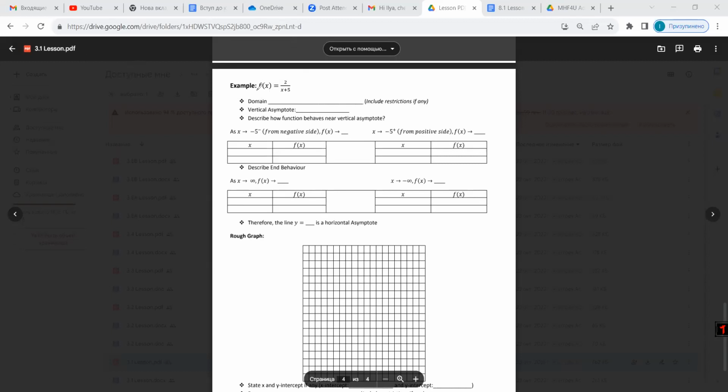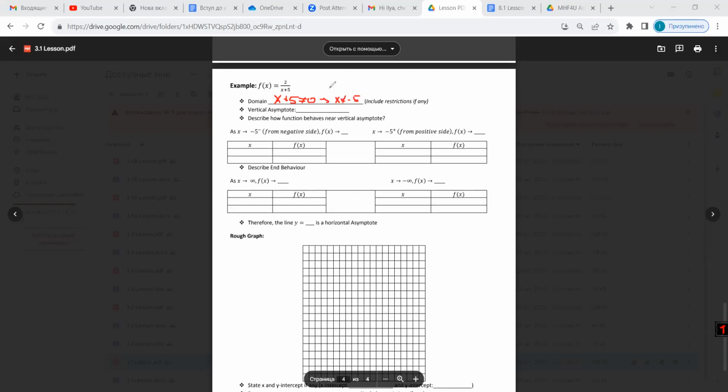We're basically going to go step by step. Domain is all values that x can take. We remember that the denominator cannot be equal to 0. So we're going to get x plus 5 does not equal 0. Therefore, x does not equal -5.